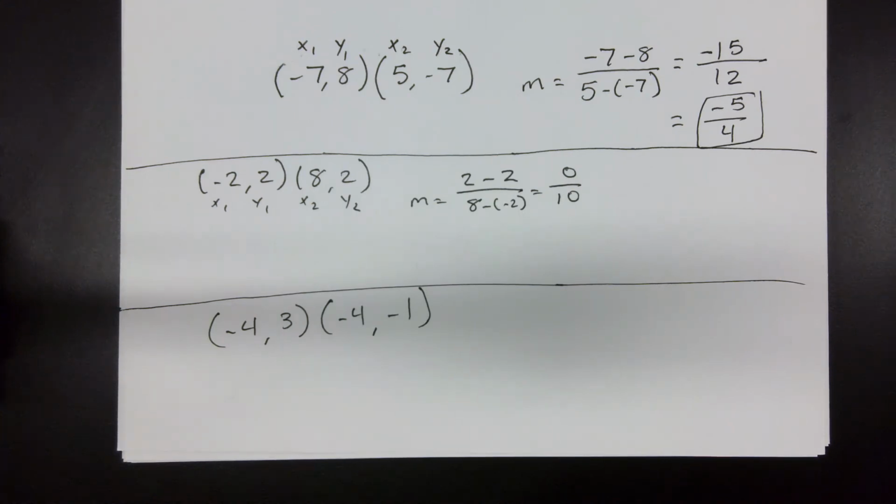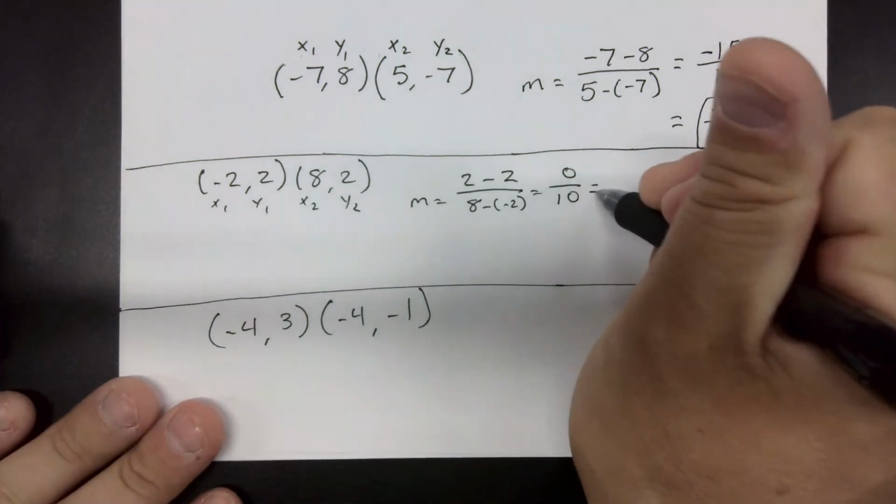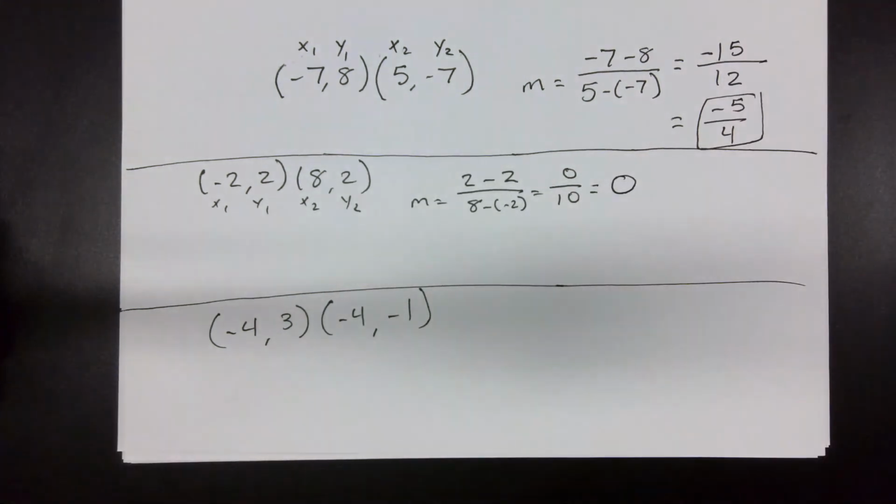Here's a question. What's the answer there? What's the slope? 0 over 10. If 0's on top, it is just 0. So the slope of that line is 0.